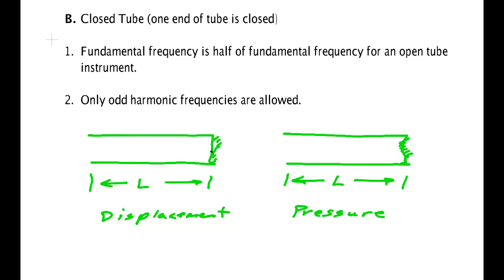In the case of displacement now, this is going to be a node. And the open end will still behave the same as it did before. It'll be an antinode, so this will go down like that. Or, of course, it could be a minimum displacement going up like this. So we see this as a node, and we see this point as an antinode.